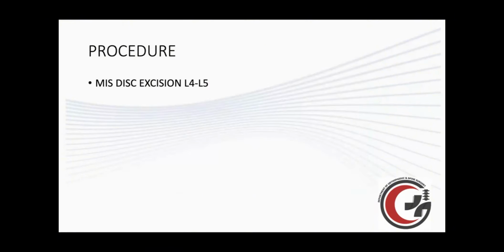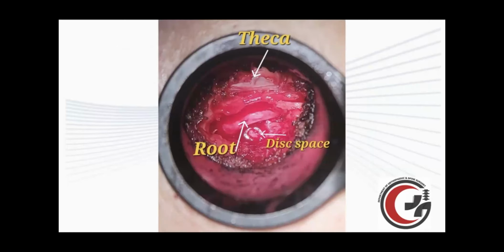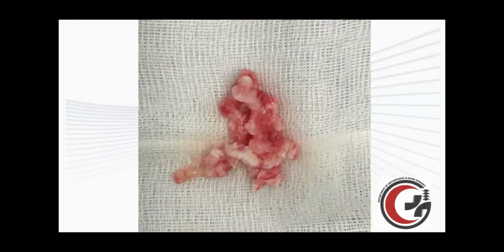So we decided to go for a minimally invasive disc excision, for which we chose a tubular system. This is an intraoperative image showing the thecal sac, the root, and the disc space, from which we were able to retrieve a large disc.